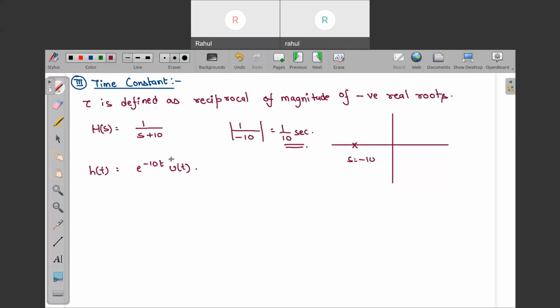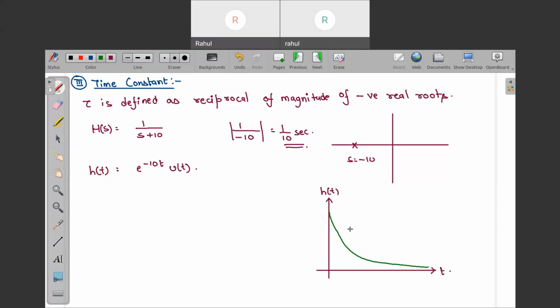Now what is the physical significance of this time constant? Let us try to draw the graph for e to the power minus 10t u(t). It looks something like this.